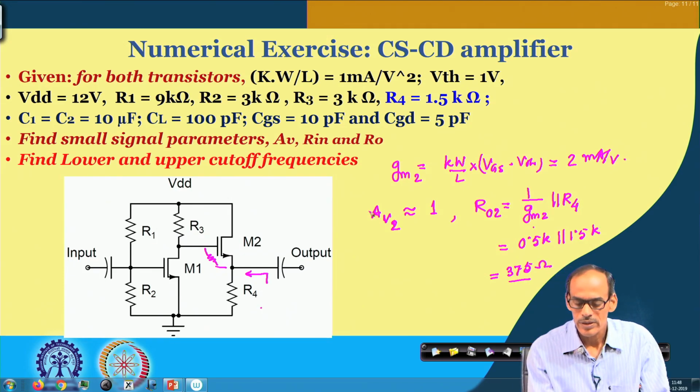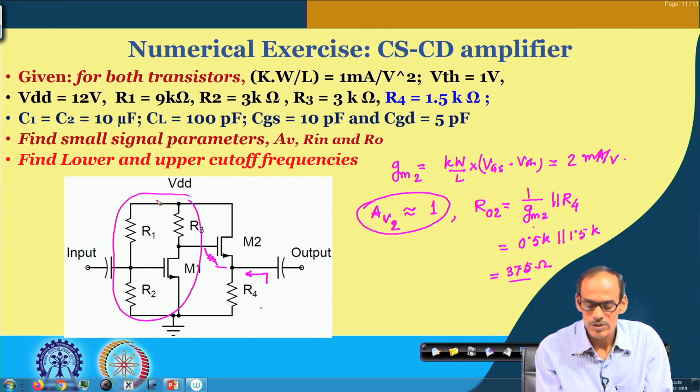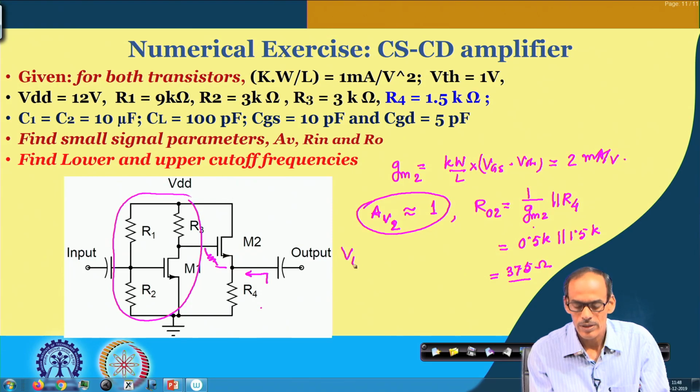Since the gain here is approximately 1, the overall gain is primarily coming from the first stage. So, the overall gain AV overall remains 6 only.